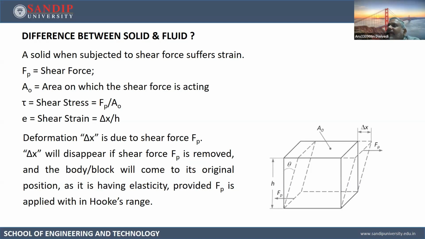Delta x is the change in length in the direction in which the force is applied, and h is the dimension across the flow, across the surface. So delta x upon h, that is known as the shear strain.